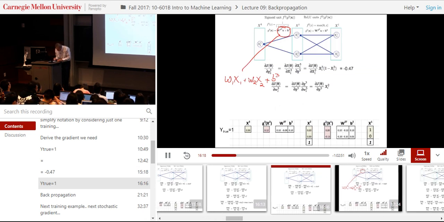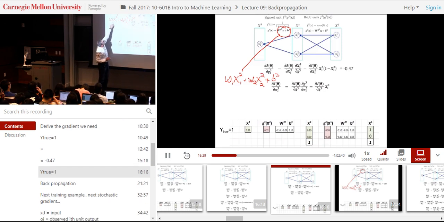I'm calling this X21, I'm calling this X22. Okay, that's good. So I have X21 and X22 as the inputs to this unit. If I express that without vector or matrix notation, it's just this.